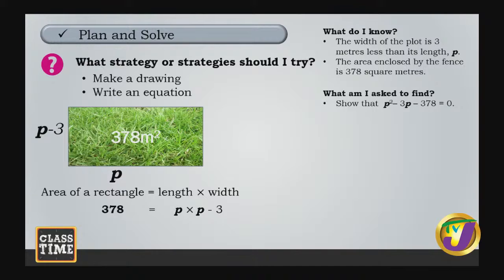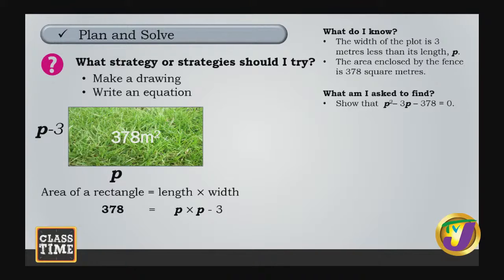But I still don't see how we're going to show it. All right, in summarizing all of this, we will see that 378 is actually equal to P into, and I say into because the width would be in brackets.